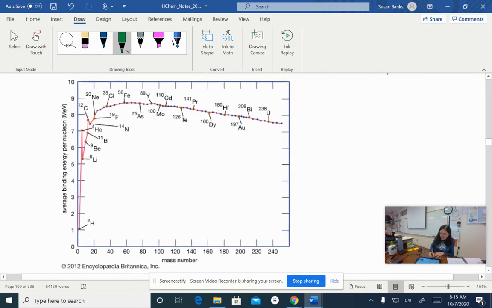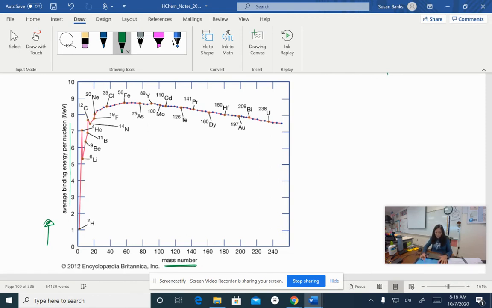Along the x-axis we have our mass number. And along the y-axis we look at the average binding energy per nucleon. Okay? So if I have a jump in this, if my energy goes up, that means we're releasing energy. If it goes down, we're absorbing energy.